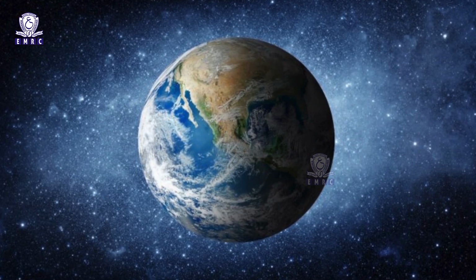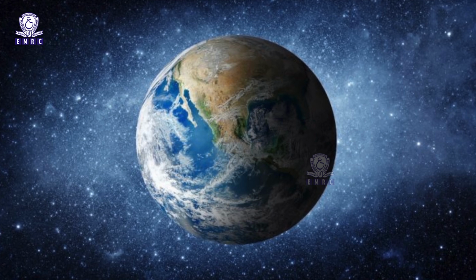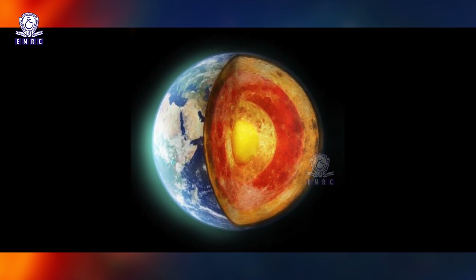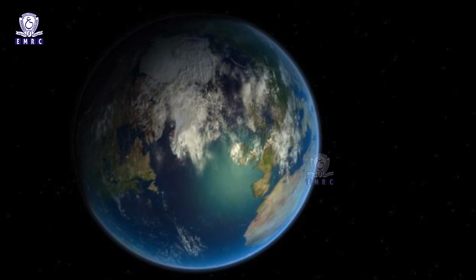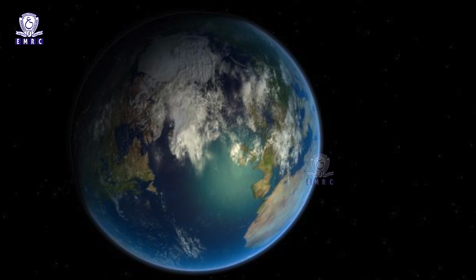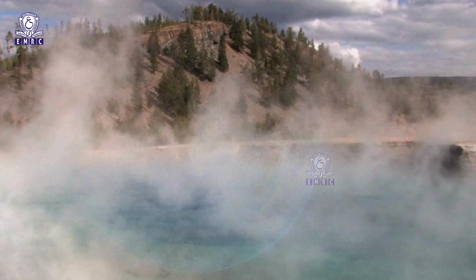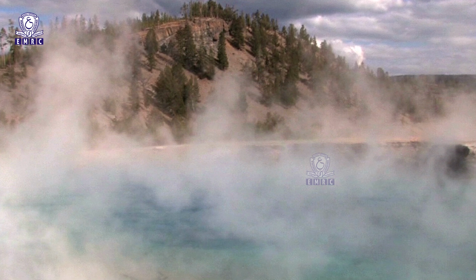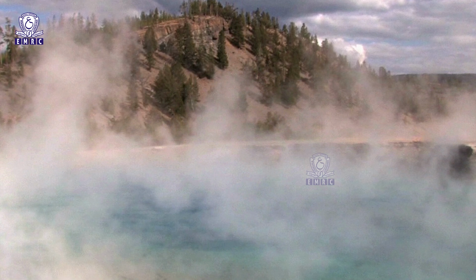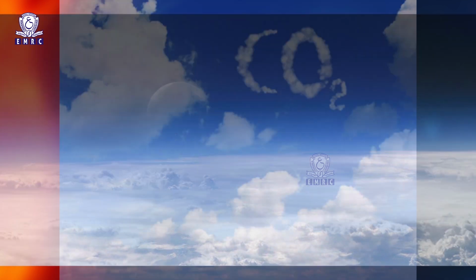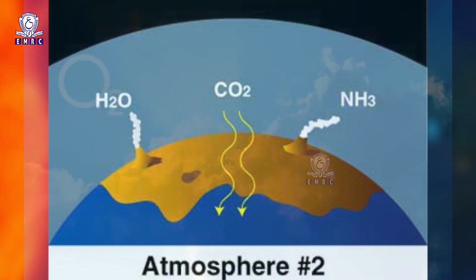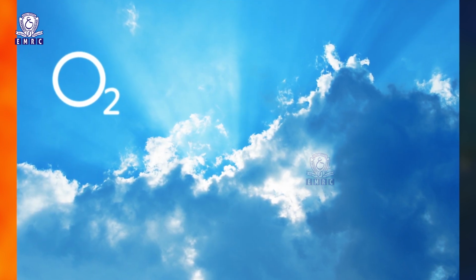During the cooling of the Earth, gases and water vapor were released from the interior and solid Earth. This is the beginning of the evolution of the present day atmosphere. The early atmosphere largely contained water vapor, nitrogen, carbon dioxide, methane, ammonia and very little free oxygen.